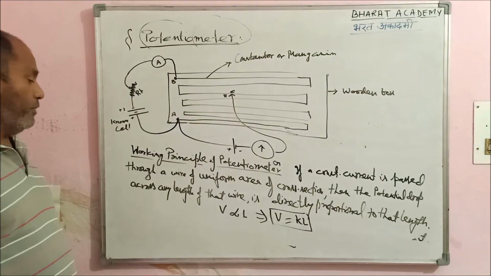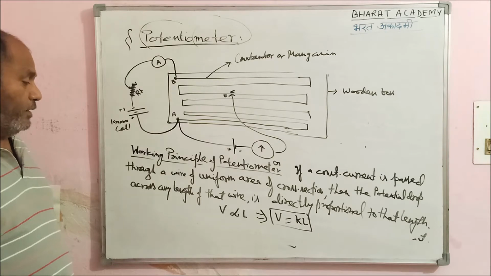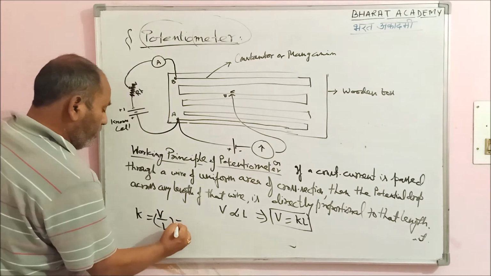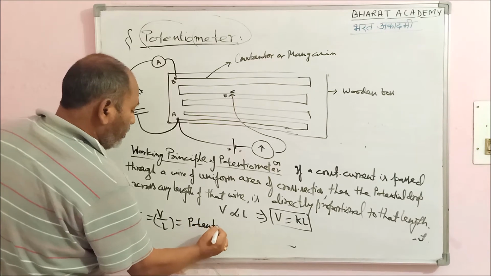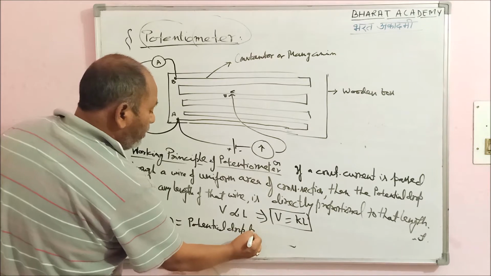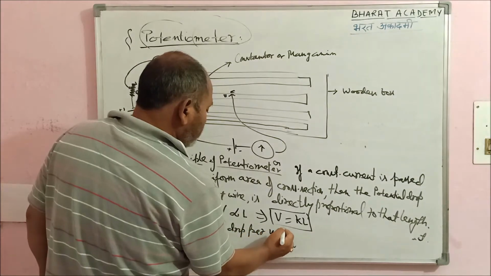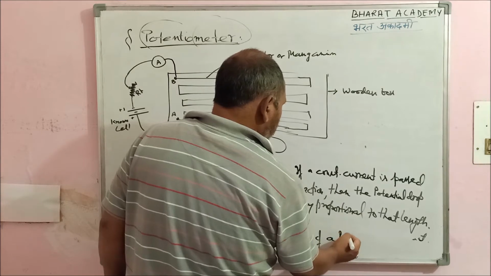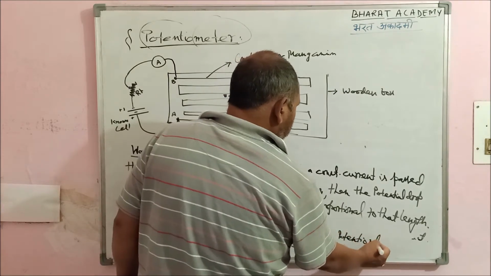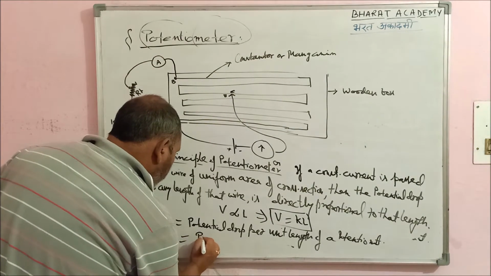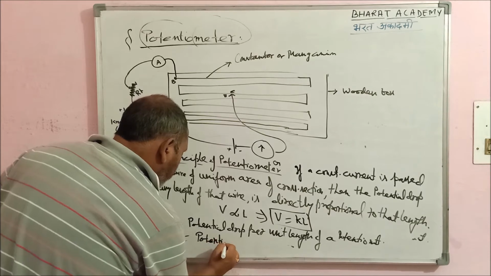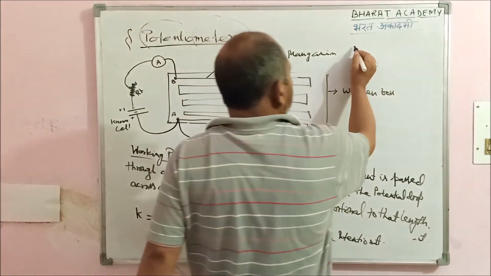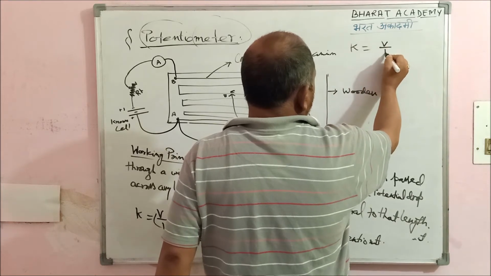So this is the basic principle of potentiometer on which it is working, where K is V by L. We define it as potential drop per unit length of a potentiometer, and it is known as a very popular quantity, potential gradient. We got K equal to V by L.